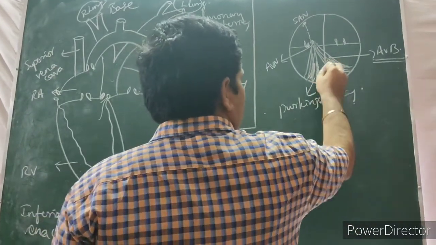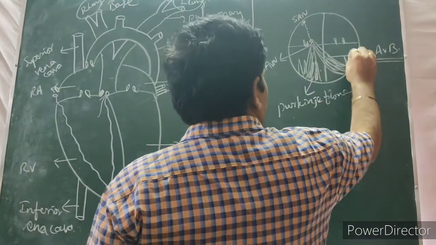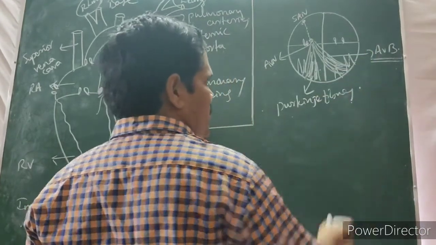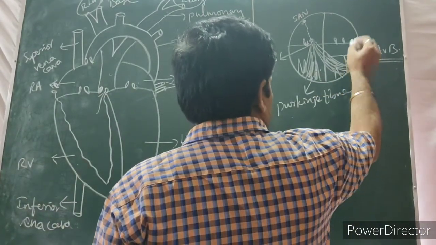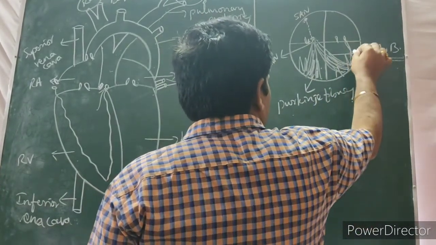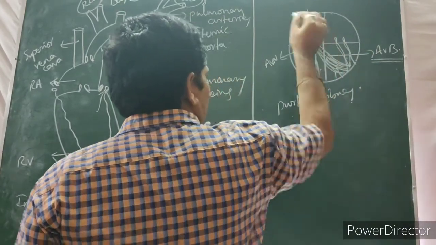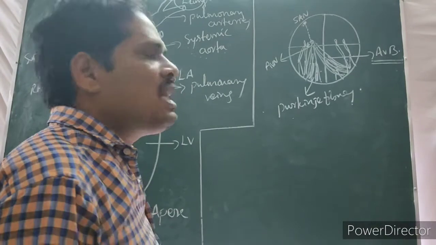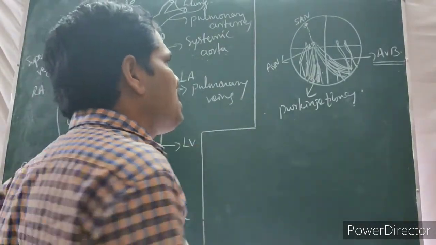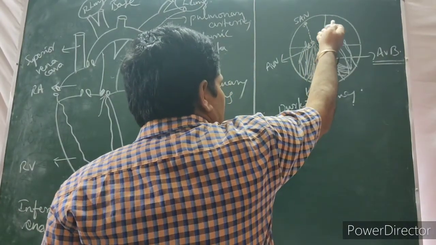Then after the Purkinje fibers, the papillary muscles present in the ventricles receive them. Then from these papillary muscles, the cardiac tendinae open the bicuspid and tricuspid valves. Whenever the valves are open, only then does atrial systole happen.